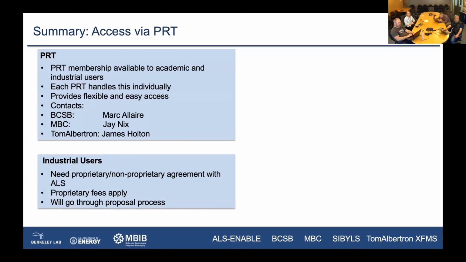And I felt bad because I promised them 5, but I got caught up in the hallway on my way downstairs. And it's extremely flexible. Industrial users, the PRTs have a number of ways for you to gain access also. But basically, if you contact us, we could walk you through that process.